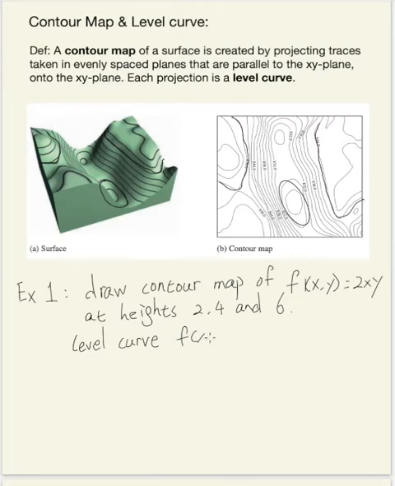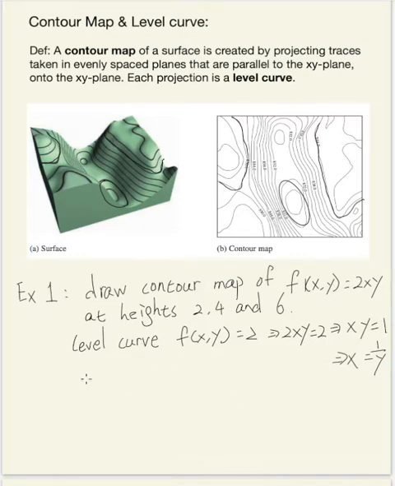f of xy equals 2. Okay, now that gives us 2xy equals 2, and xy equals 1. Well, xy equals 1, you get x equals 1 over y, which is a hyperbola.